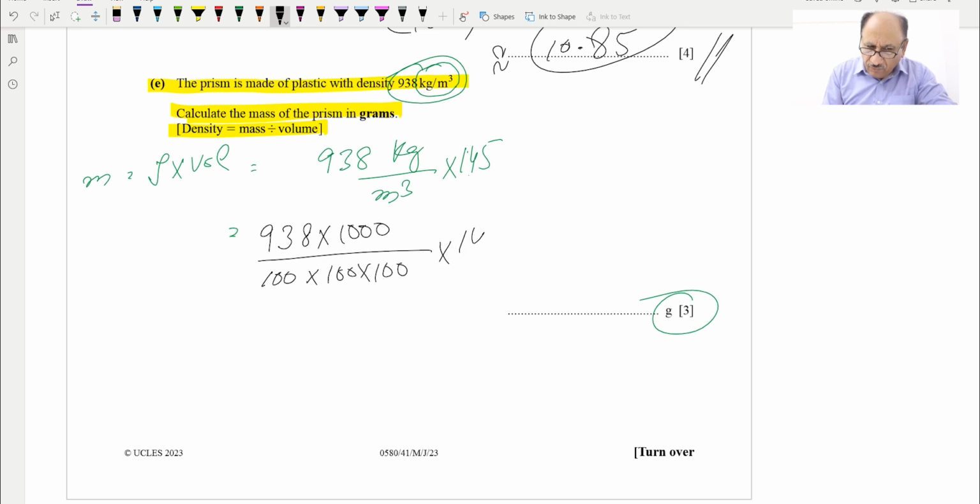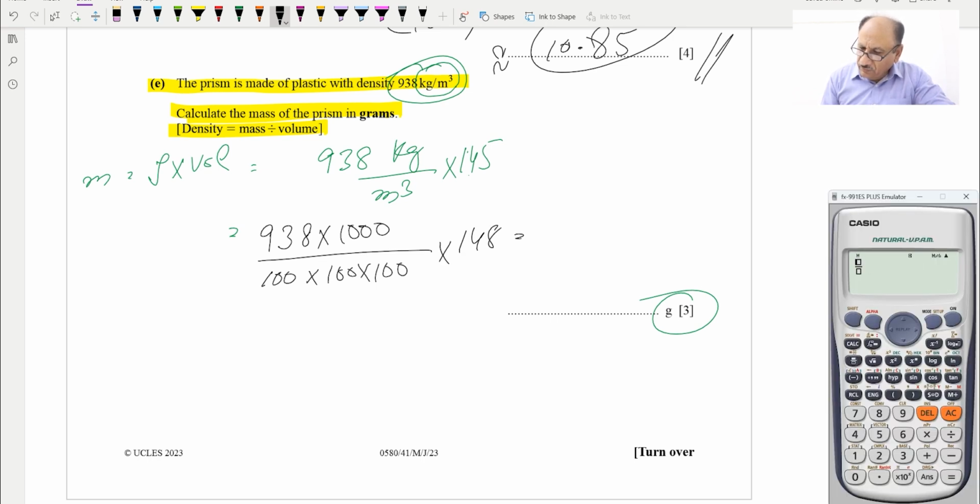So 938 multiplied by 1000 over 100, multiplied by 100 again, and by 100 again, and this whole thing will be multiplied by 148.